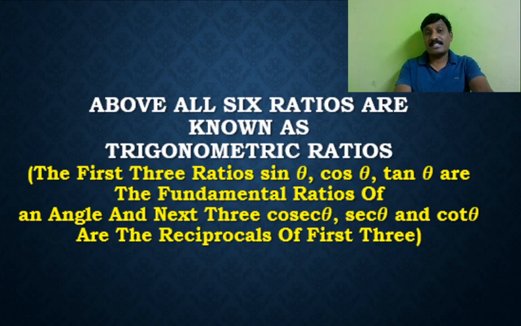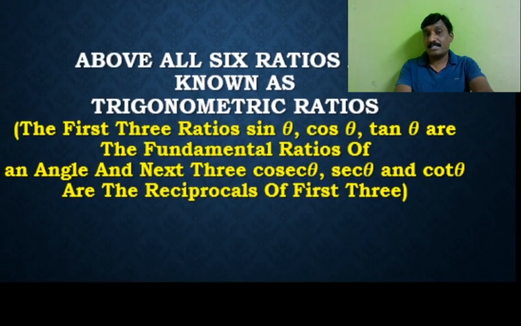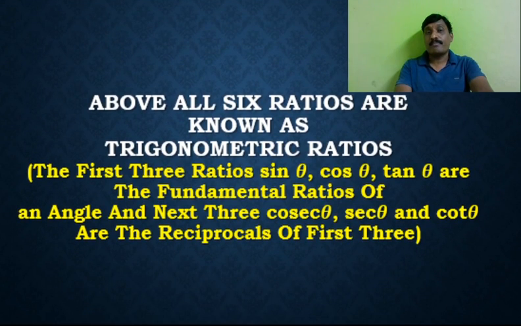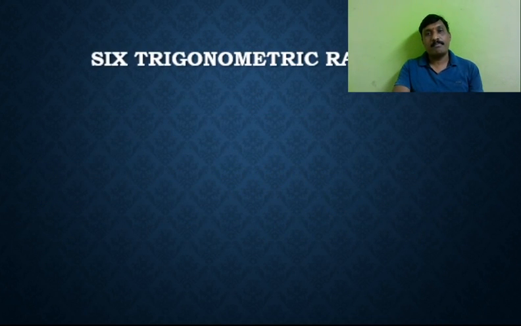The next 3 are cosec theta, the reciprocal of sine theta; sec theta, the reciprocal of cos theta; and cot theta, the reciprocal of tan theta. So the next 3, cosec theta, sec theta and cot theta, are the reciprocals of the first 3 ratios.